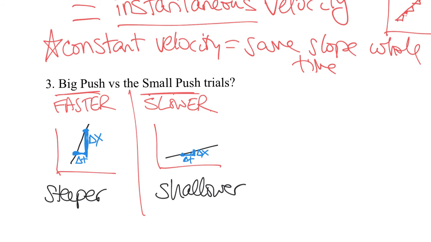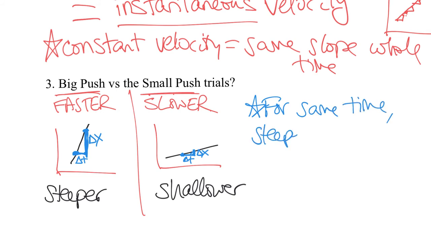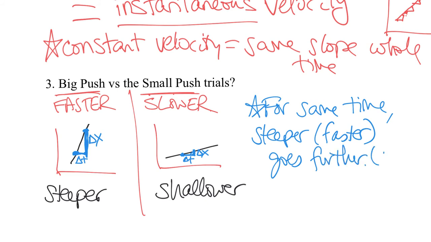So I'm comparing how far I went, that distance, in that amount of time. So for the same time, the steeper one, which is faster, goes further. How's that feel?